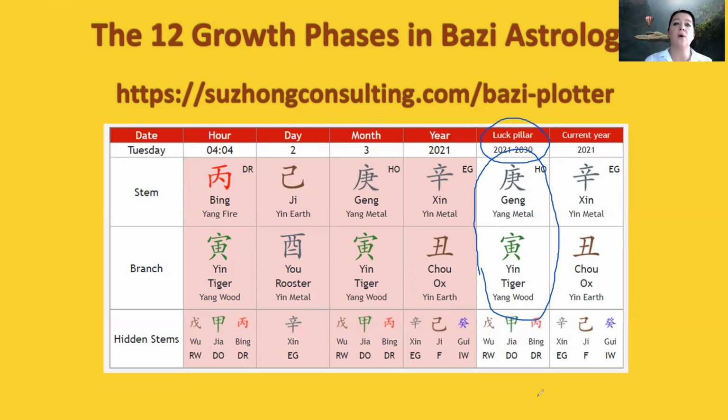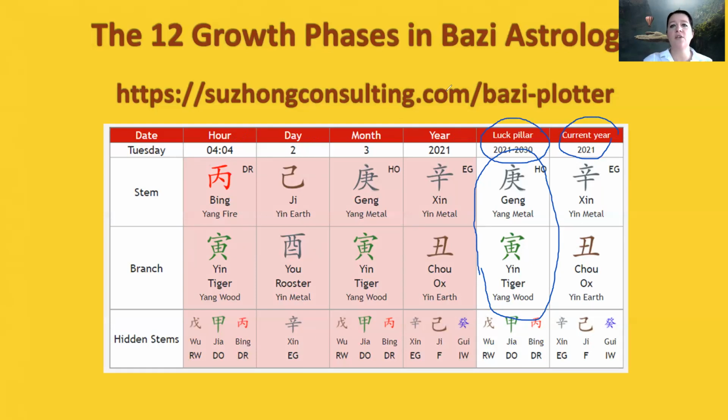If you plot your Bazi chart, it does not necessarily have to be 2021 to 2030, but it's always a 10-year time frame. We call this a luck pillar. Each luck pillar brings us a particular energy that encourages us to learn certain lessons in life. And then obviously we all go through the current year. Right now is still the year of the metal ox, so we are going through the current year 2021. This is the same for all of us. The rest is different for each person.